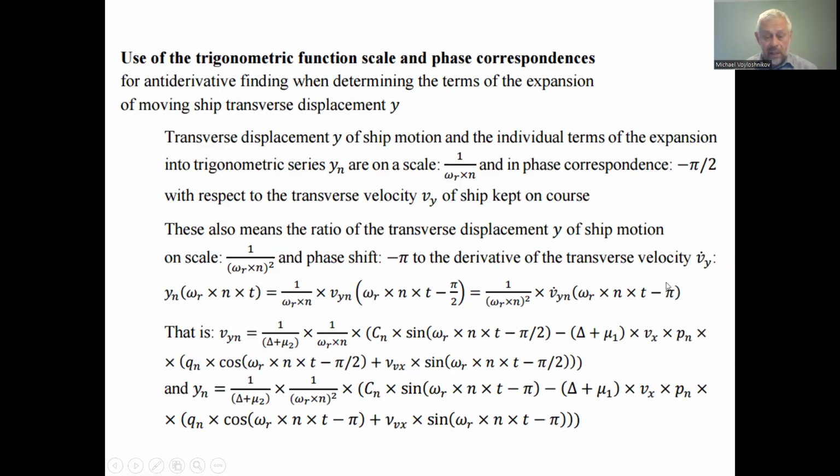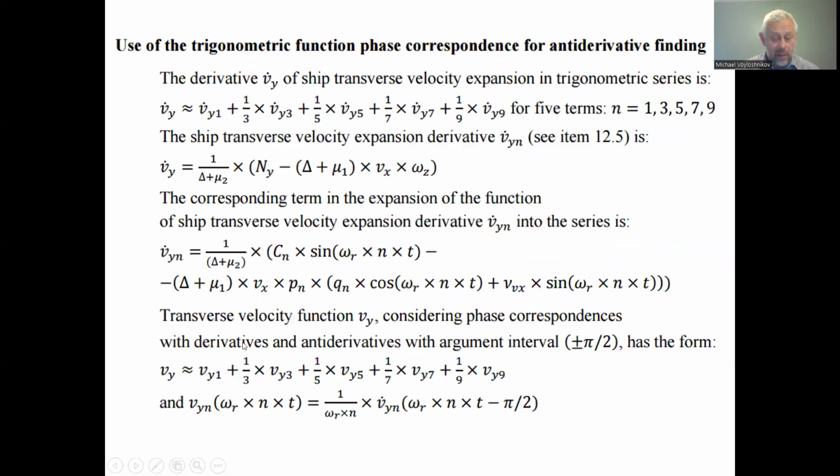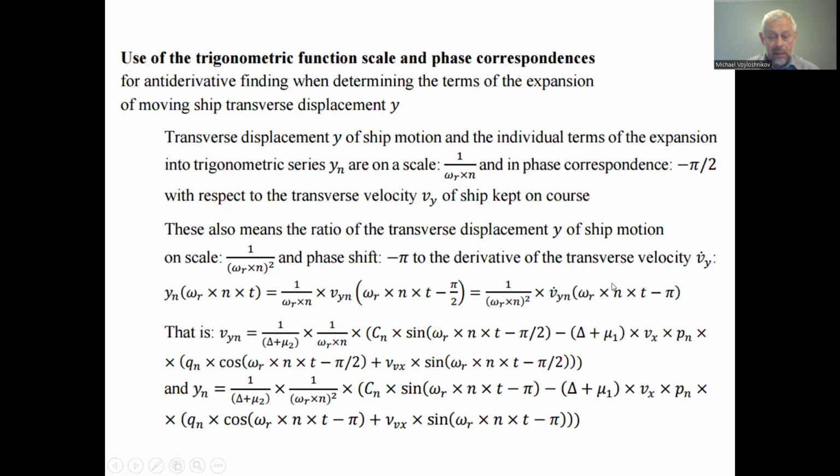So if we transform the derivative function, this is a term of the expansion of the derivative of the velocity, we can immediately find the displacement, having the properties of the sine and cosine functions when we differentiate or integrate them, giving cosine or sine.